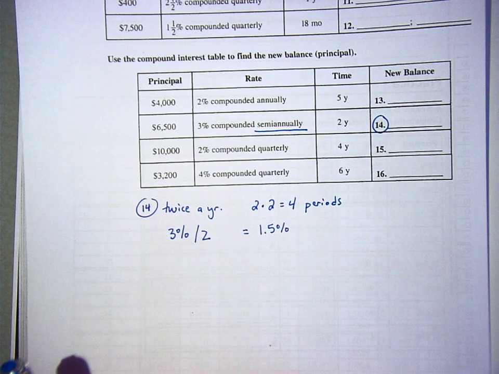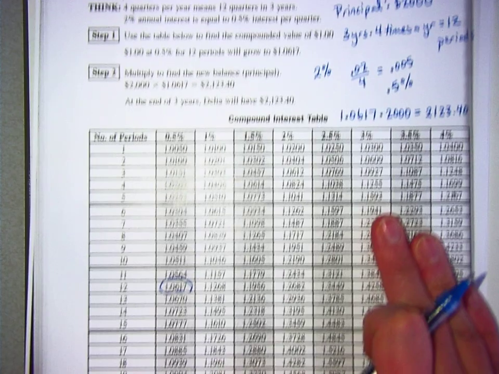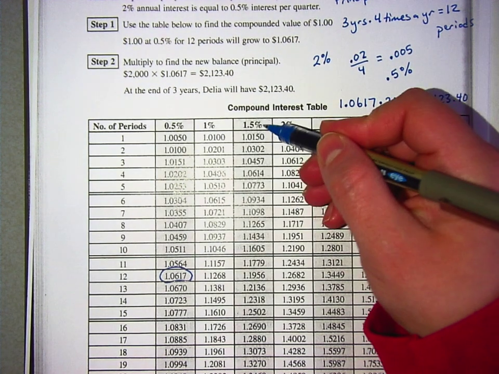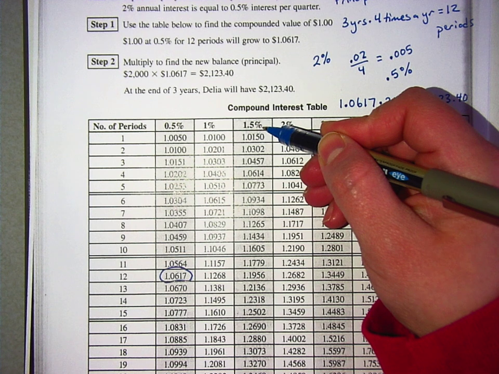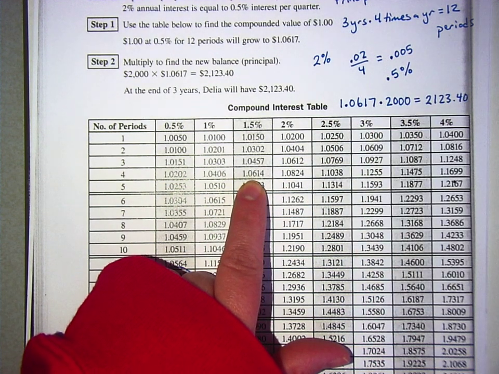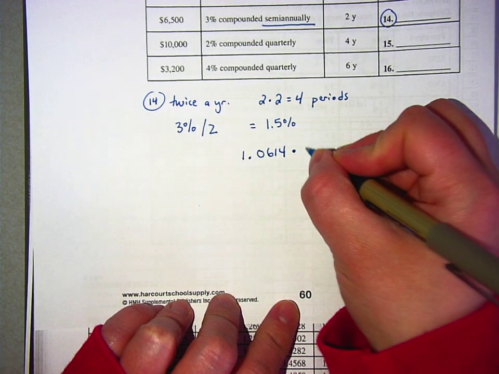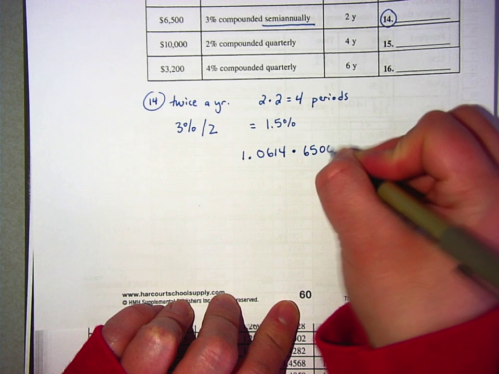Okay. So now you're going to look at your chart. We should be looking up 1.5% and then how many periods? 4. So you're going to multiply by 1.0614 times what? The principal that you had, so 6,500.